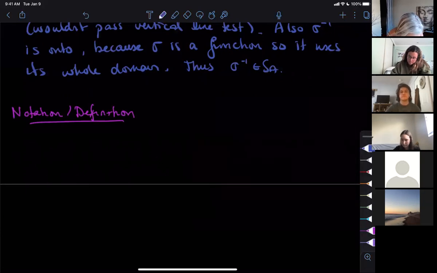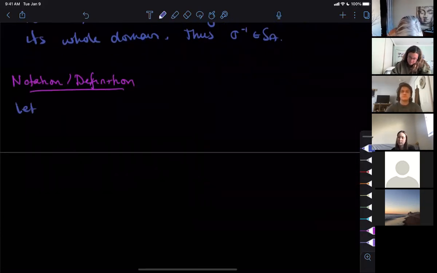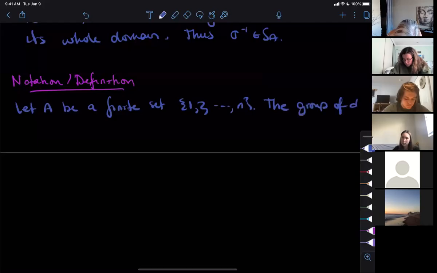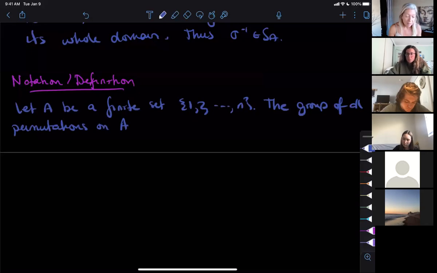If you let A be a finite set, which is 1 up to n, then the group of all permutations on A, instead of calling it S sub A, which is what we called it in the previous problem, since S sub A doesn't really point to how many elements are in A, we just call it S sub n.